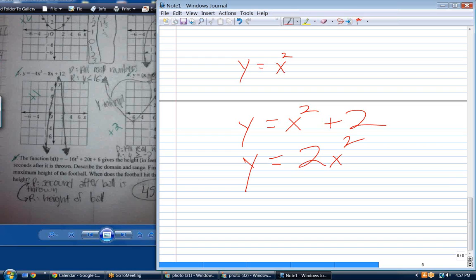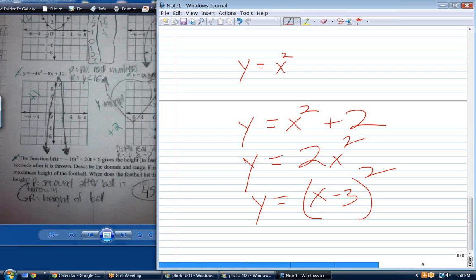Remember those words. Okay, tell me what this does. What's this do? It makes it horizontally shift down 3. Well, to the right. If you're going to go horizontal, you got to go either right or left.